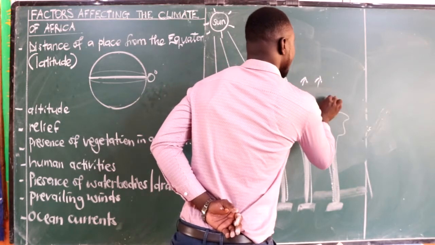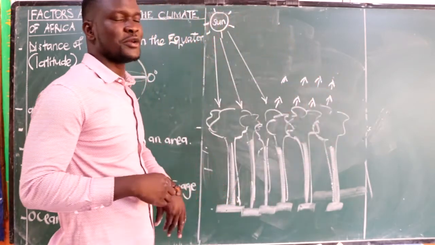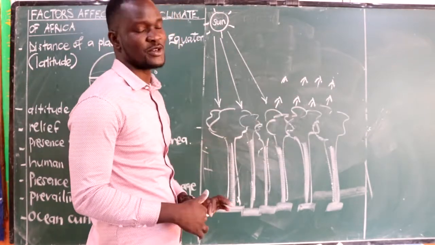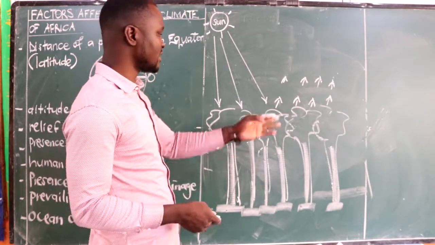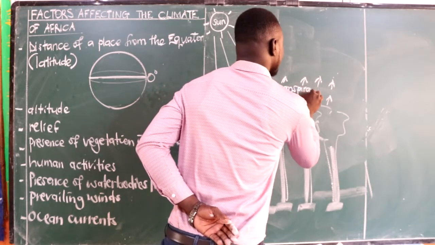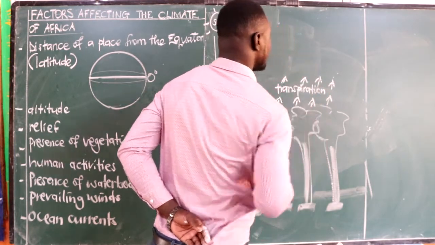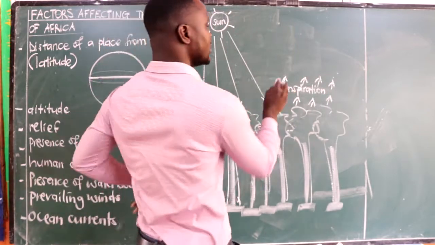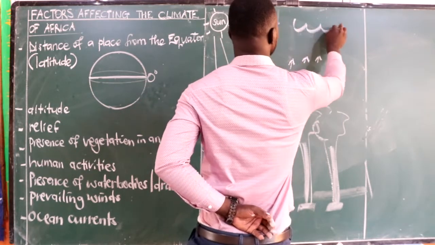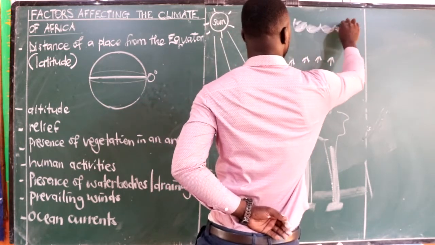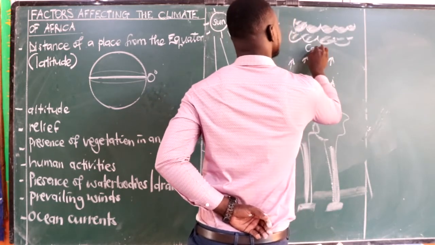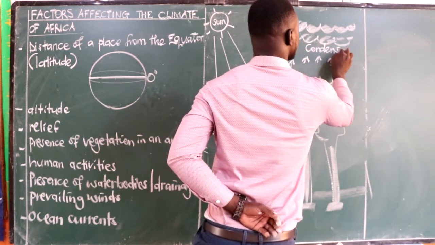So these trees are going to transpire. Sometimes children make a mistake and say trees evaporate. No, that one is for the water bodies. Trees have what we call transpiration. So due to transpiration, this water vapor from the leaves goes into the atmosphere to form the clouds, which is still condensation.